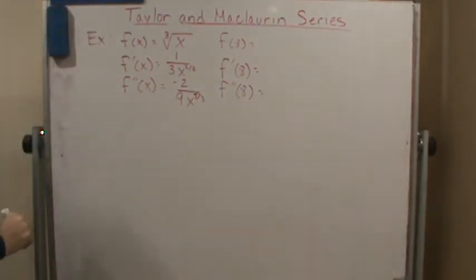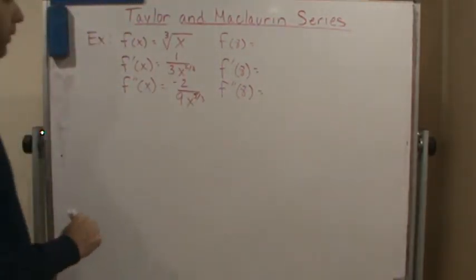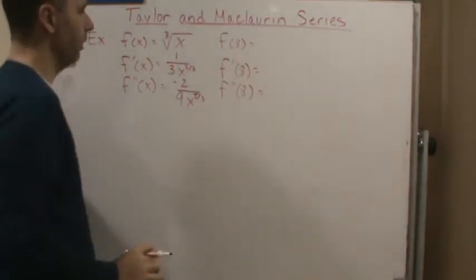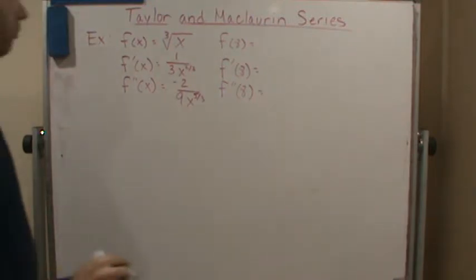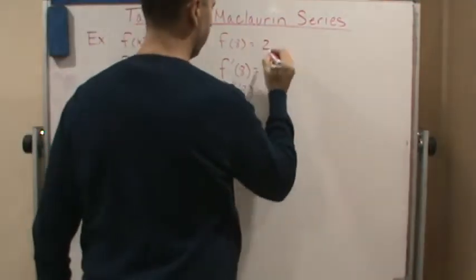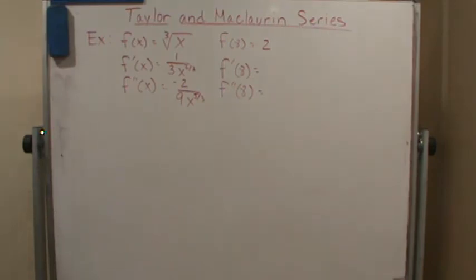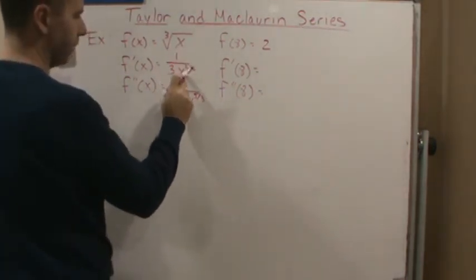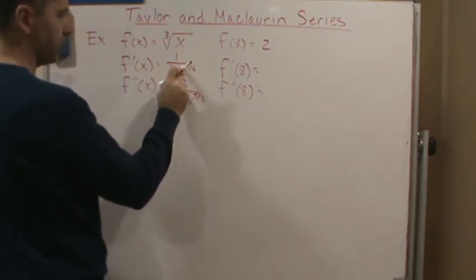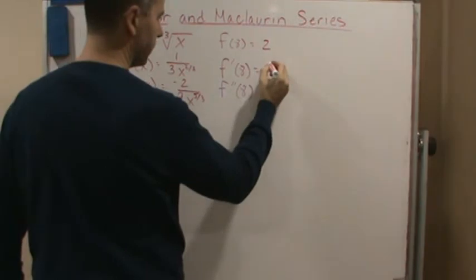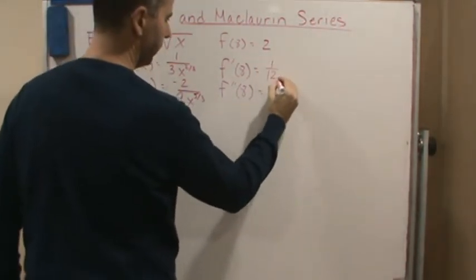And so now if we evaluate these at 8, well, the first one we just get the cube root of 8, which is 2. For the second one, again it's the cube root of 8, which is 2, and then 2 squared is 4. So this is going to give us 1/12.